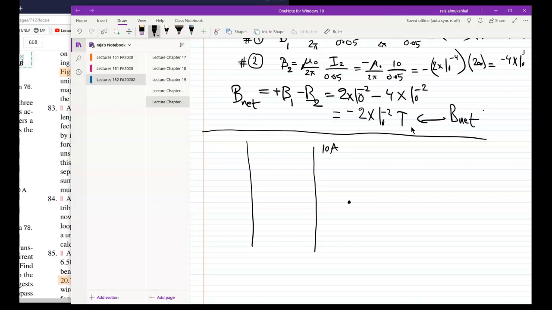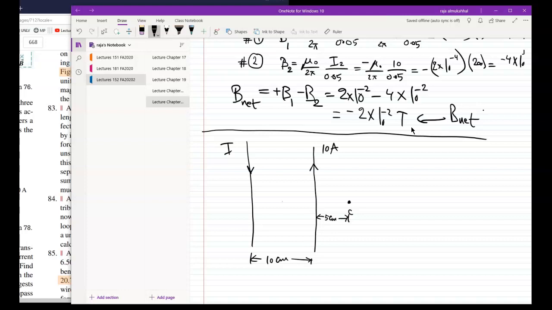I hope you're taking notes. And this is I, and I is going down this way, and the 10 amp is going up like that. And we'll talk about point A later. This is D, which is 10 centimeters. And this one is 5 centimeters. Okay, this is point C right here.